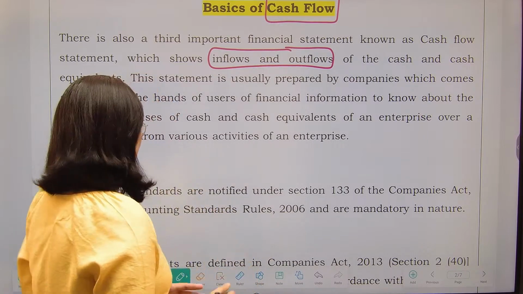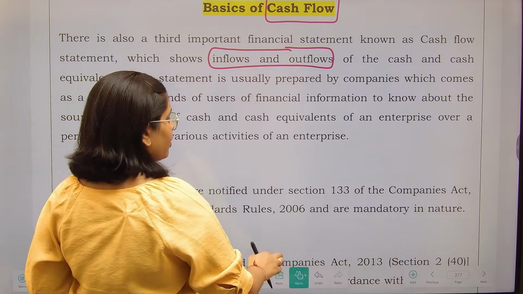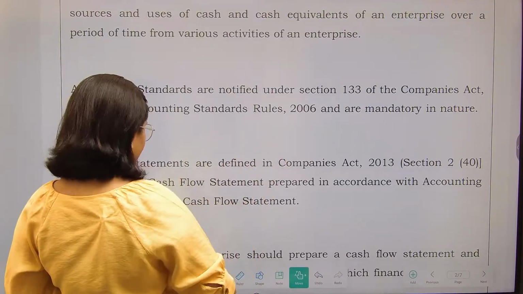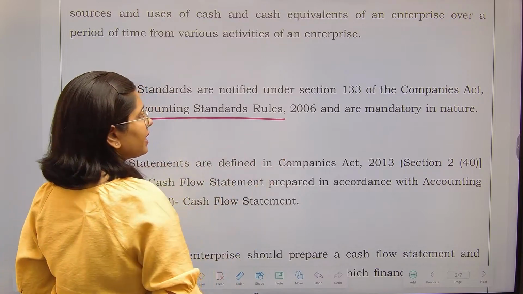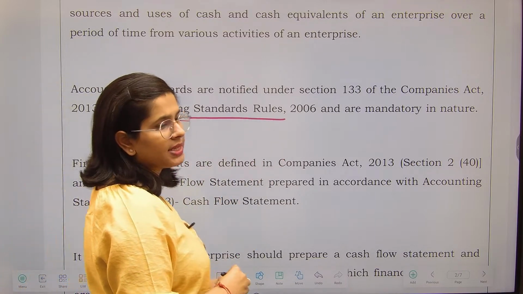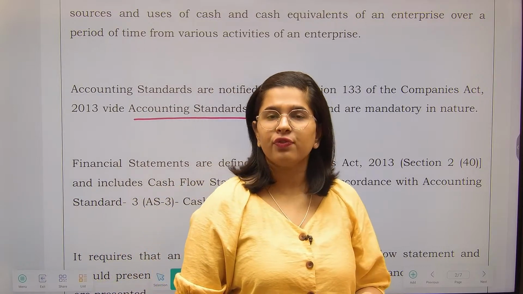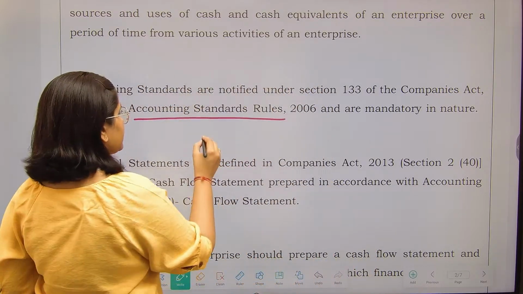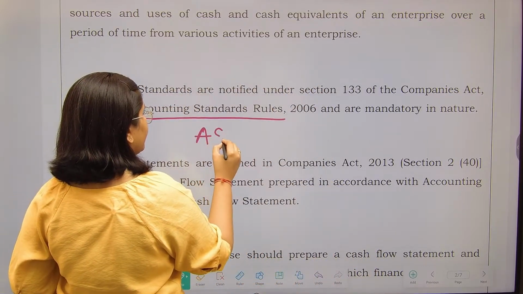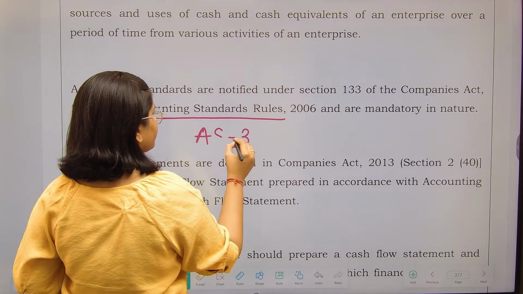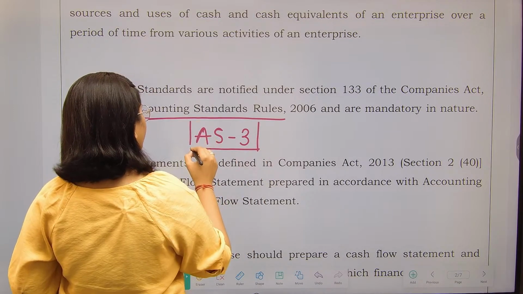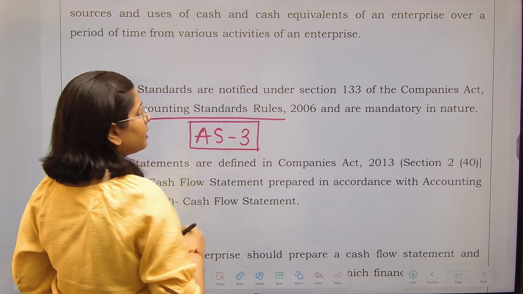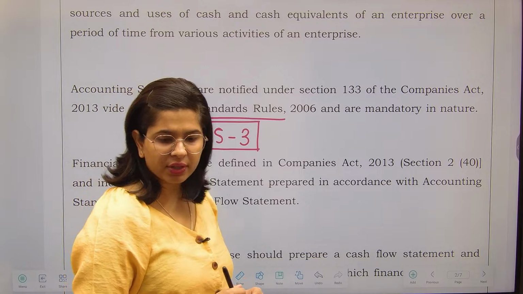Okay. Now see, accounting standards are notified under section 133 of the Companies Act 2013. There are also accounting standards rules that are mandatory in nature. So the cash flow statement is prepared in accordance with Accounting Standard 3. Now Ind AS are also applicable, fine, but there is a turnover related requirement for that.